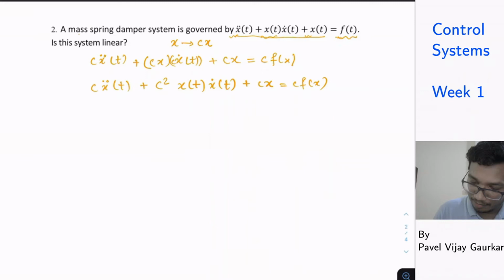Coming to the next question, calculate the Laplace transform of e power t into sine of 2t. So first of all, what is the Laplace transform of sine of 2t?